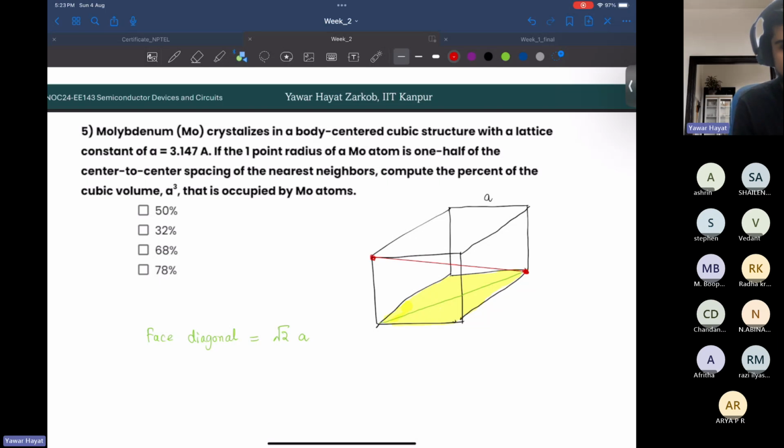This is which diagonal? As I mentioned before, there are two types of diagonals. The first one is the face diagonal, which we worked out as root 2A. This one, the one that I draw with red line, is called body diagonal, right? And it's equal to... hint is you need to use the face diagonal to compute what is your body diagonal.